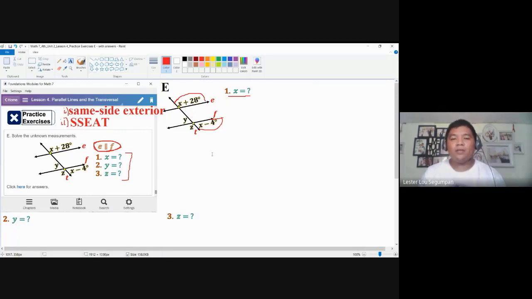And what should be summed up? These values here. So if we're going to add them up, x plus 28 degrees plus x minus 4 degrees must yield 180 degrees. This is again given to us by this theorem. So if we're going to add them up, they must add up to 180 degrees.